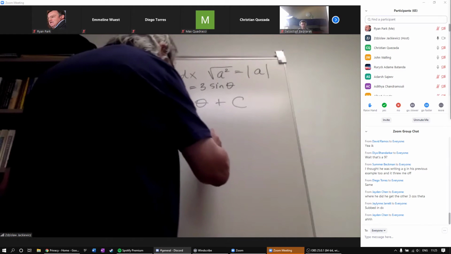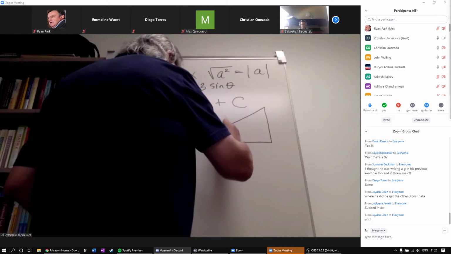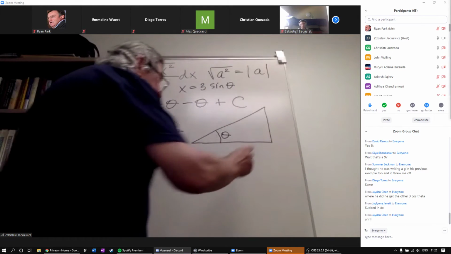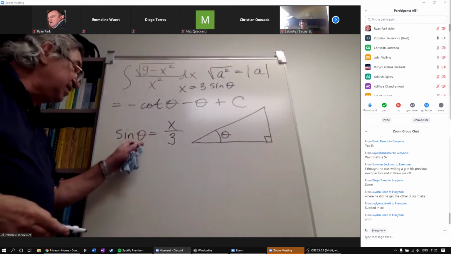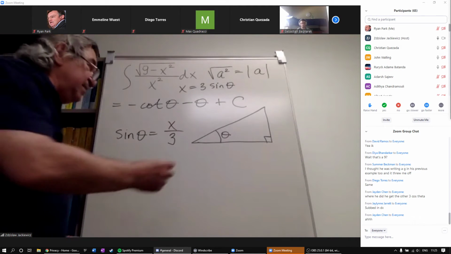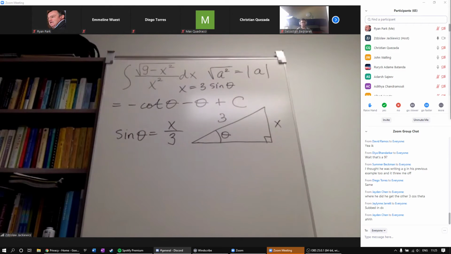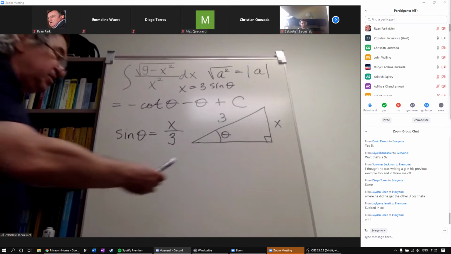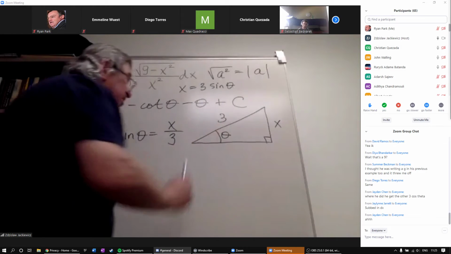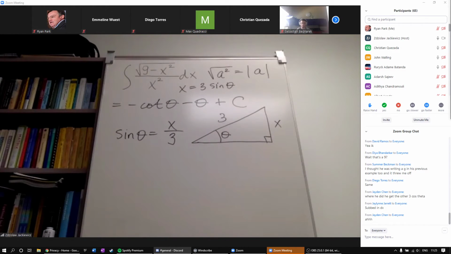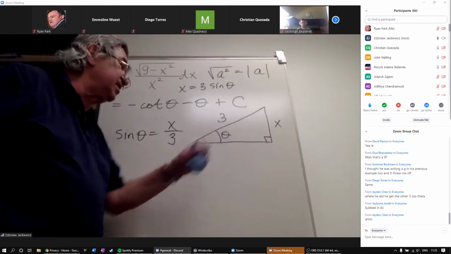I put here angle theta, and that's a right angle. Sine theta is x over 3, so I put here x and here 3. Check on the picture: sine theta is x over 3. So the right triangle which corresponds to this substitution looks like this.